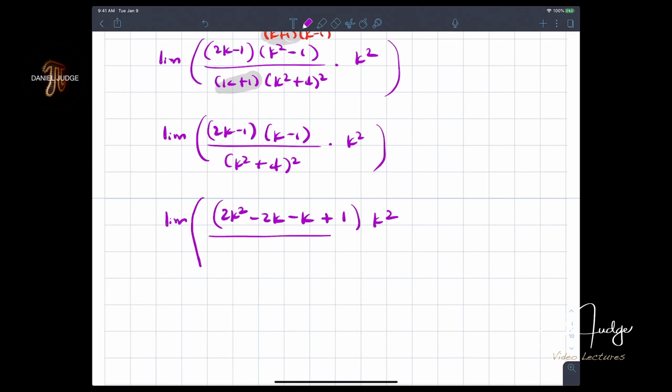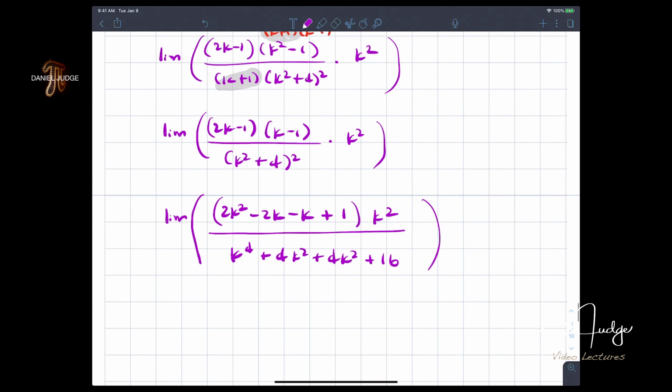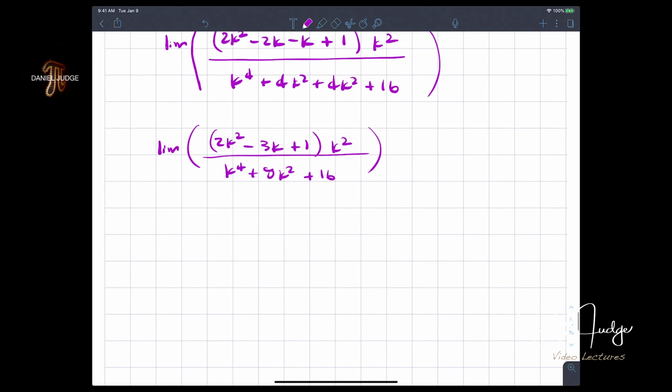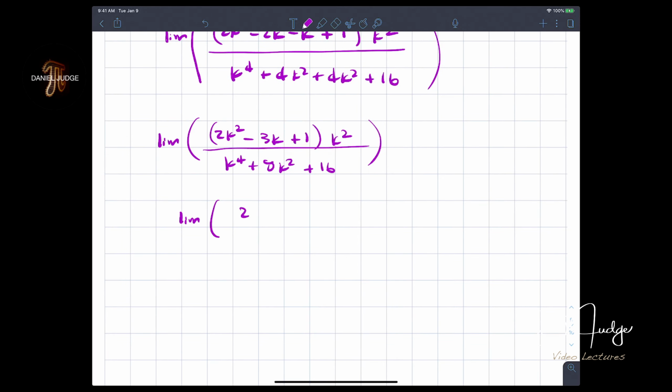And on the bottom, you guys know you're going to get k to the 4th plus 4k squared plus another 4k squared plus 16. So the limit is 2k squared minus 3k plus 1, times k squared, over k to the 4th plus 8k squared plus 16. That's the limit of 2k to the 4th minus 3k cubed plus k squared over k to the 4th plus 8k squared plus 16.